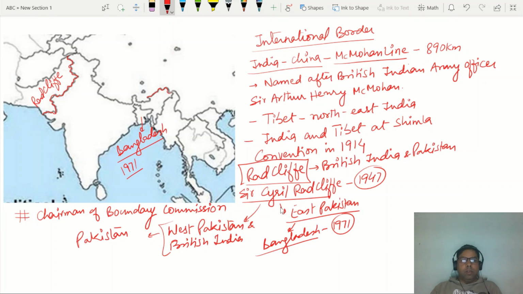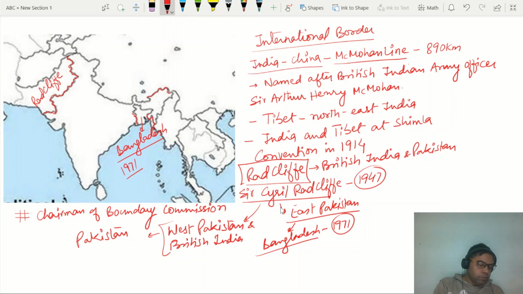So this political change came into existence in 1971. The borderline with Bangladesh has not been renamed in any way. This is also a Bangladesh border with India, right? It has not been renamed, and the line is still called the Radcliffe line, right?